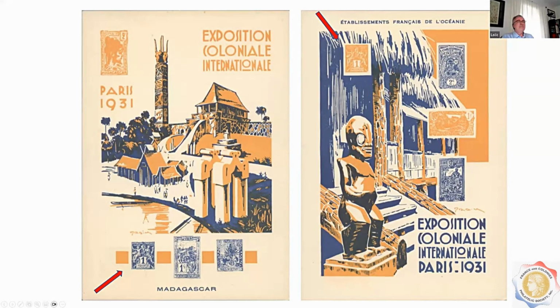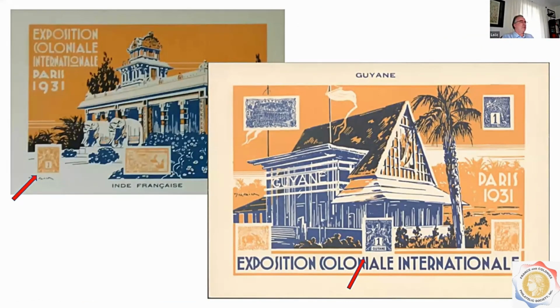Nothing really, not much to say here. The one from French India, so here with some temple and elephants, and the one from Guyana, the stamp is here, not to be confused with the one from the Alpha du Bois here. They don't always show very nicely as they are reprinted, but it's that mix of blue and orange colors.